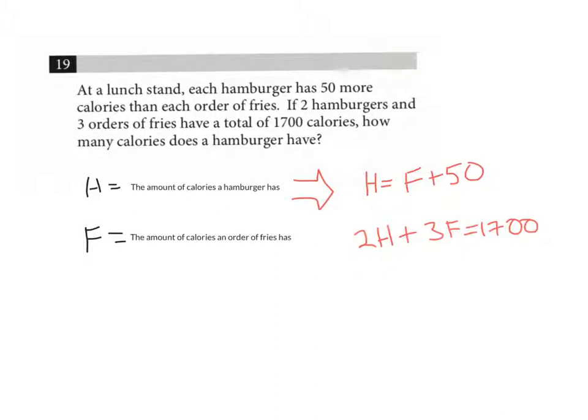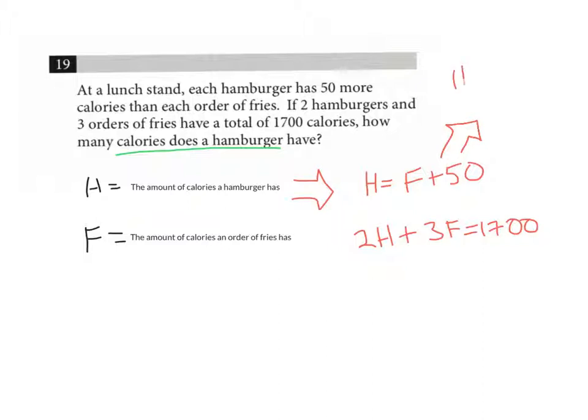But they want the amount of calories in a hamburger. That means ultimately we want to solve for H. When I want to solve for H, I want to temporarily solve for F. I know from experience that if I'm trying to solve for one variable, I first want to solve for the other variable and then do substitution.